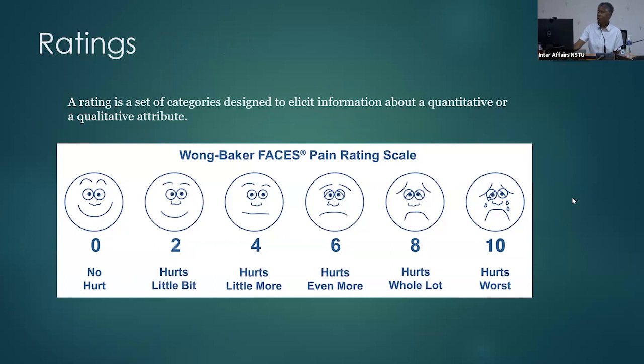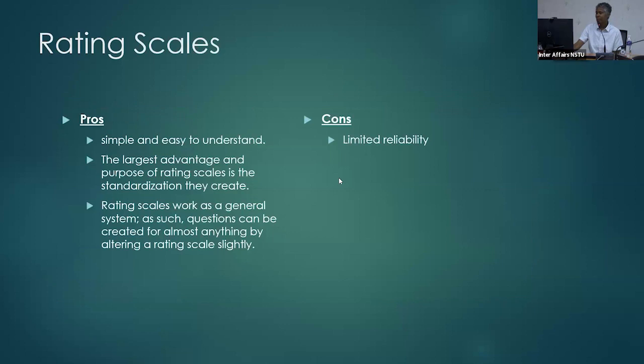It can be used with no numbers. But with older adults, they can use that same rating scale, but because they can read, they will also do a qualitative explanation. So it's very simple to understand, but the reliability is quite low.